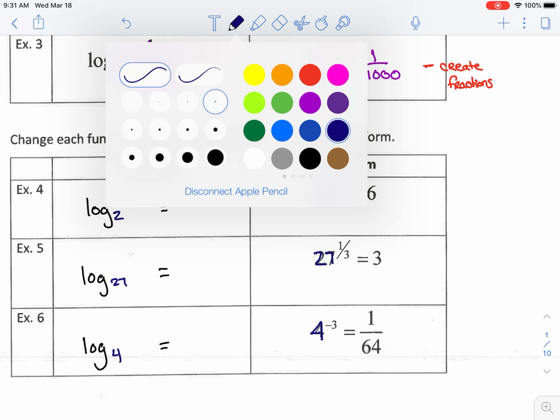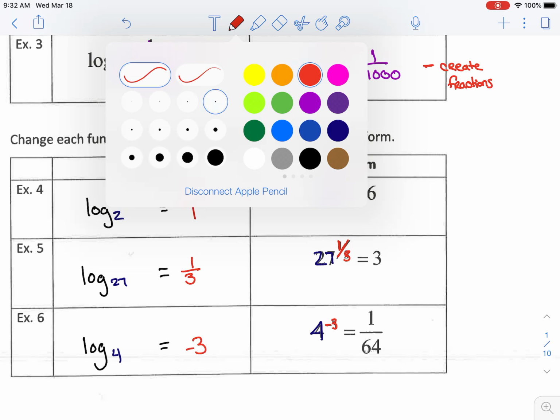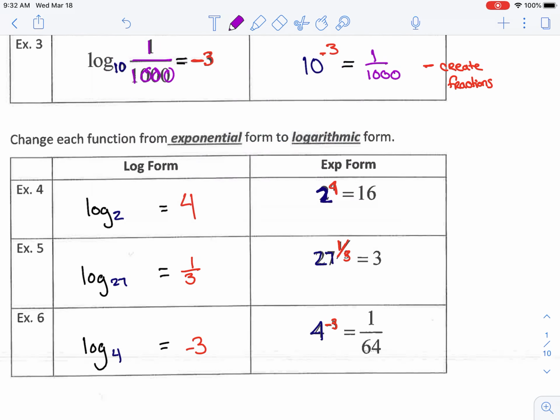Okay. Then my exponent, my crown that ruled the kingdom, had its own room originally. And then my big number stays a big number. My big number by itself stays a big number.